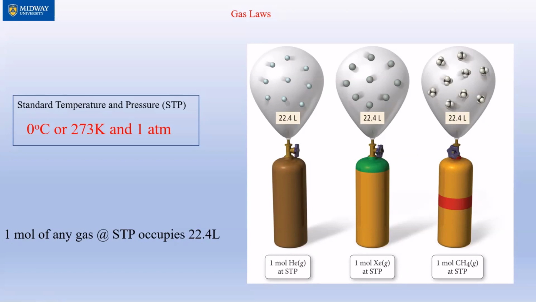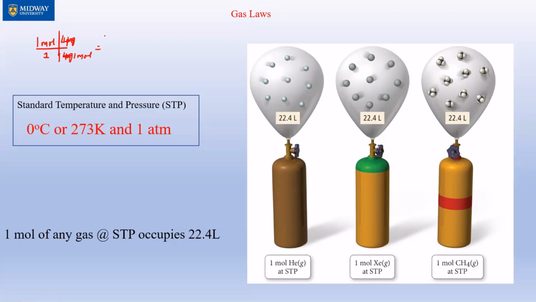Now, on the flip hand, I could easily convert this question into something that you already know. If 1 mole of each of these gases at STP occupies 22.4 liters, what does that mean in terms of mass? Well, we know 1 mole of He is, well, 1 mole over 1, and helium is 4 grams over 1 mole.